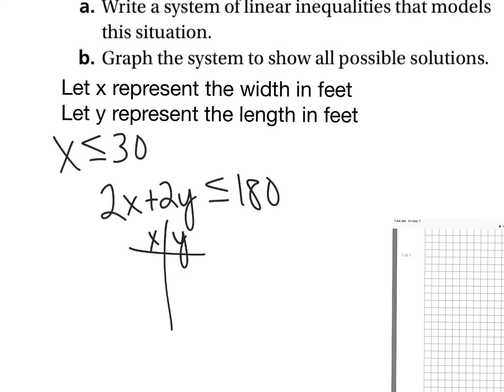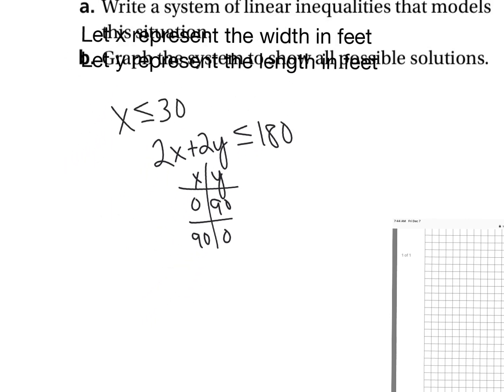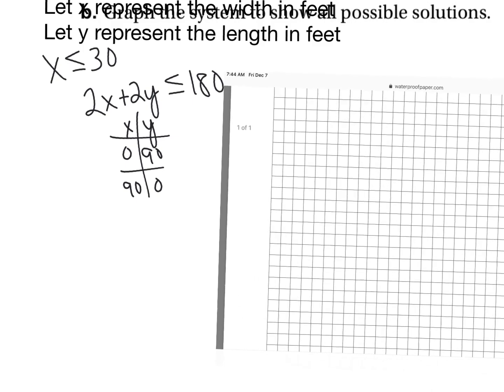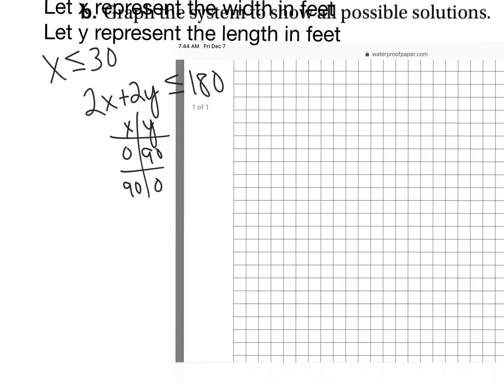On this one, if you did the intercepts, that would be 0 and 90, and 90, 0, which obviously doesn't make sense. We can't just have 90 feet for a length or width and 0 for the other one, but anyway.